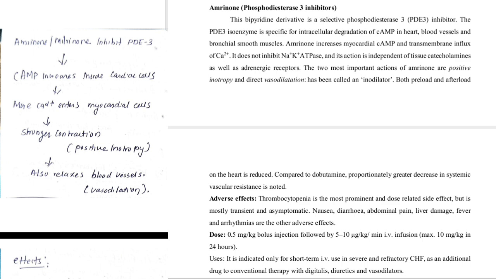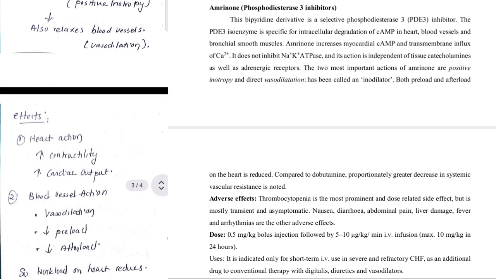When we are inhibiting that, cAMP will increase inside the cardiac cells, thereby more calcium enters the myocardial cells. If the calcium amount is more inside the cell, we will get a stronger contraction. That's what we call positive inotropy. And in the same way, it relaxes the blood vessels, so we call it vasodilation.